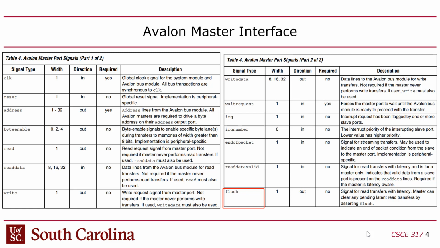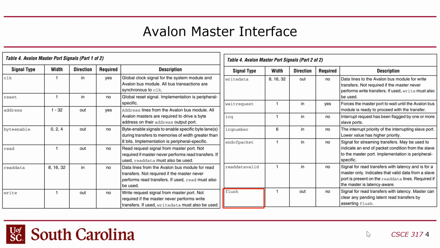There's an IRQ. There's an IRQ number, end of packet, read data valid, and flush. So most of the signals in this second column I've never used. I mean, obviously the IRQ is an IRQ. The flush is used for read transfers where the master could tell the bus controller to flush any pending reads, right?